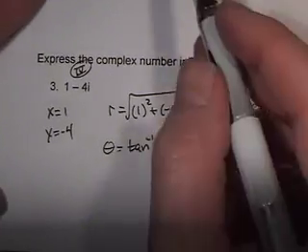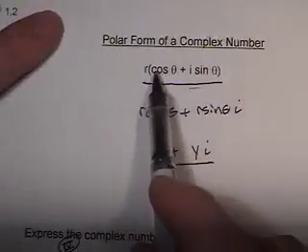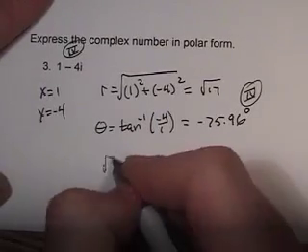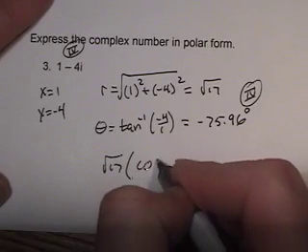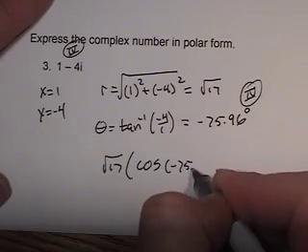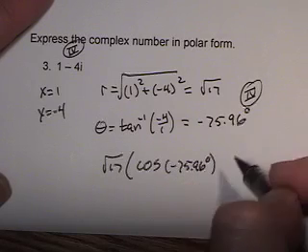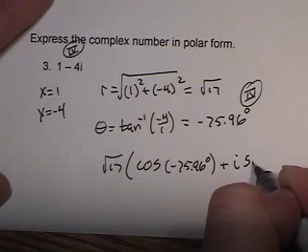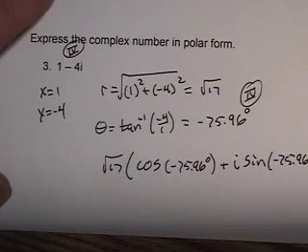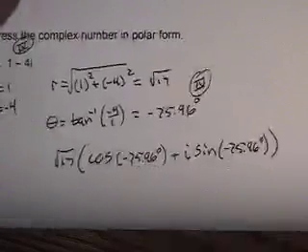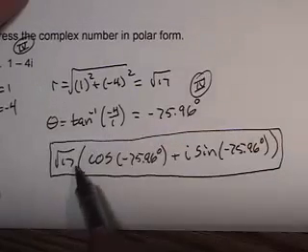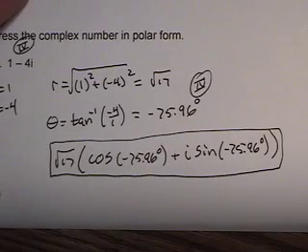So if I want to write it in polar form, it's r times cosine the angle, plus i sine the angle. You can change this into a positive if you want. It makes no difference. We can distinguish between the two. There you go, so this would be polar form: r cosine theta plus i sine theta.